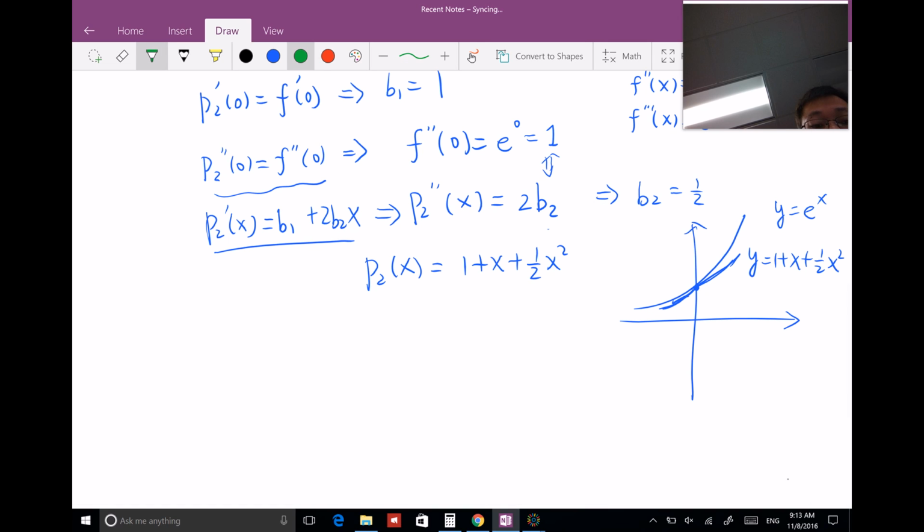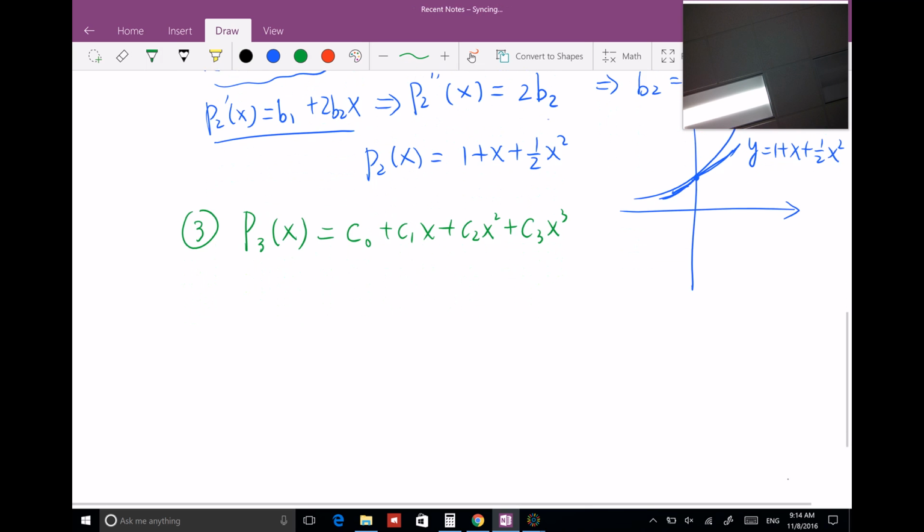Okay. So how about P3, the third degree polynomial: P3(x) equals C0 plus C1x plus C2x squared plus C3x cubed, right? Alright. So I'll give it 2 minutes, see if you can find P3(x) by yourself.